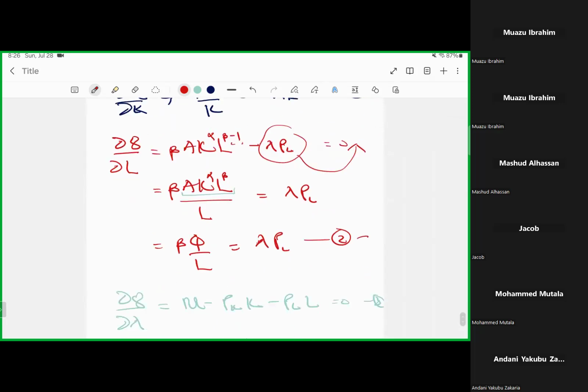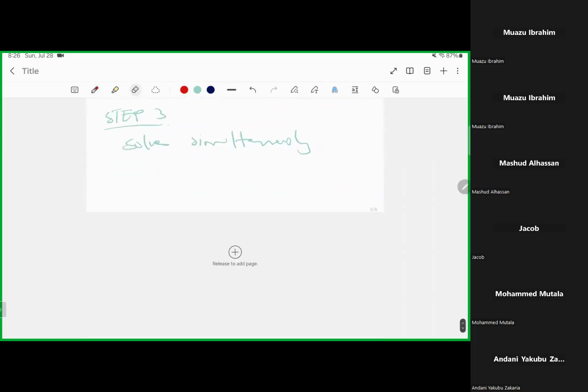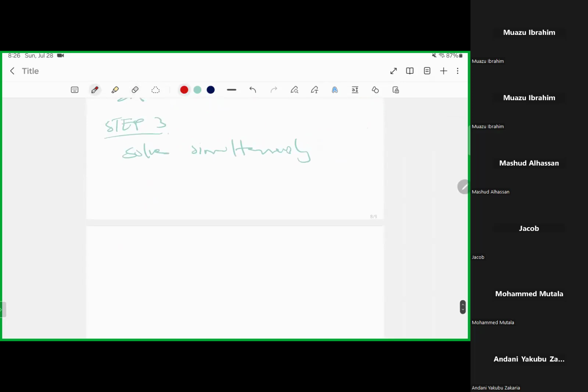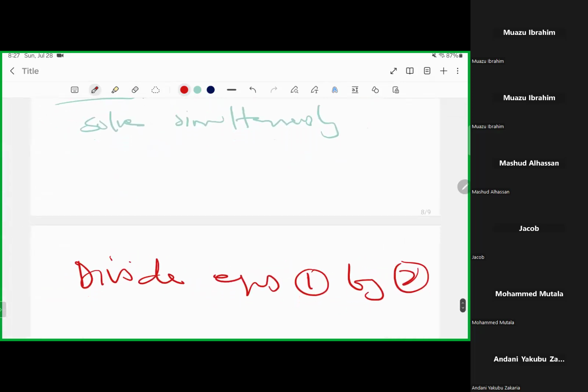So we solve simultaneously. We can divide equation 1 by equation 2. And what is equation 1?